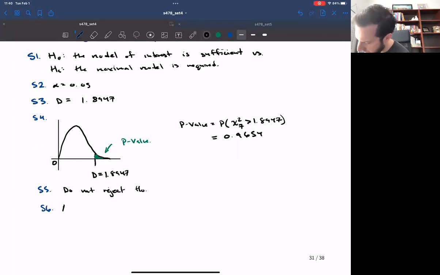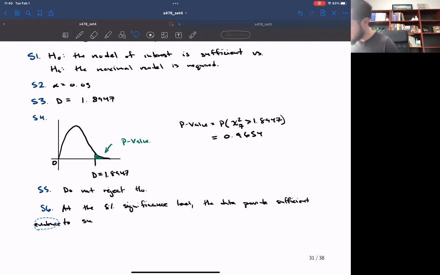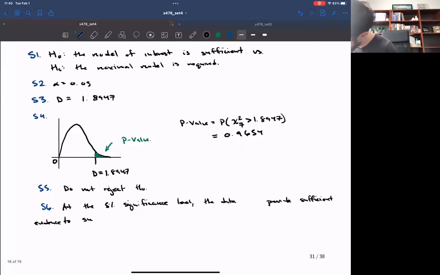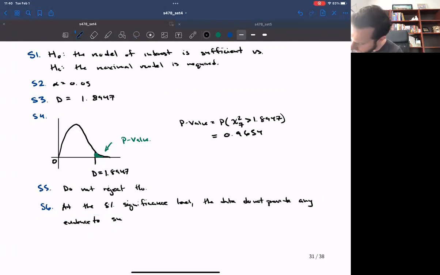And then on step 6, we can say at the 5% significance level, the data do not provide any evidence to suggest that the maximal model is needed.